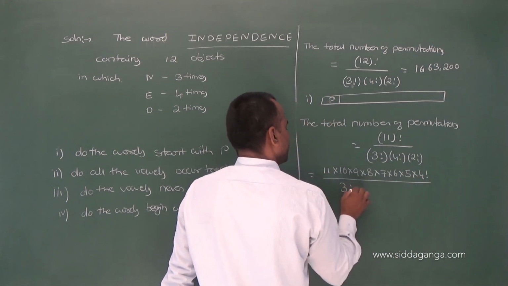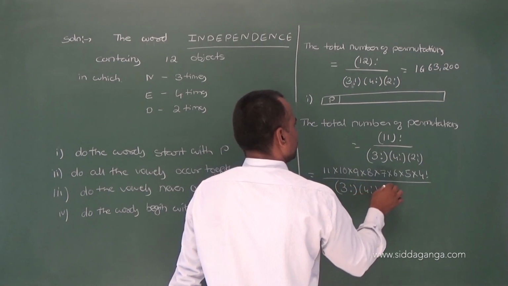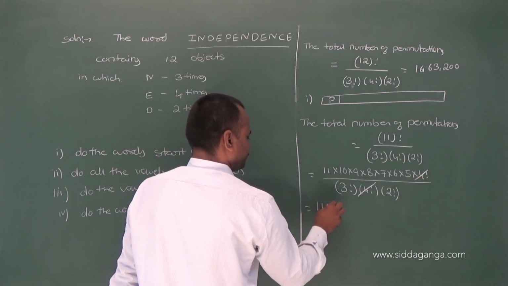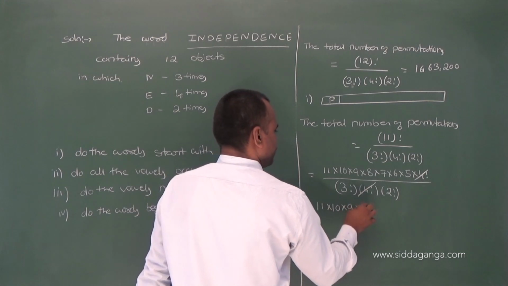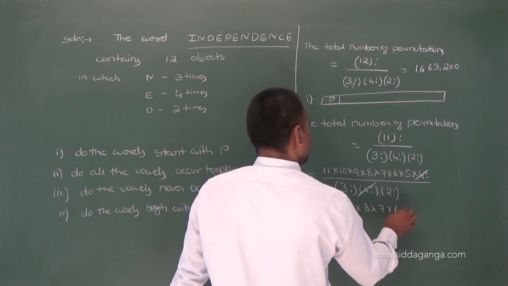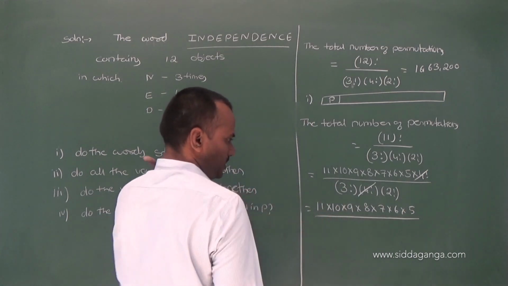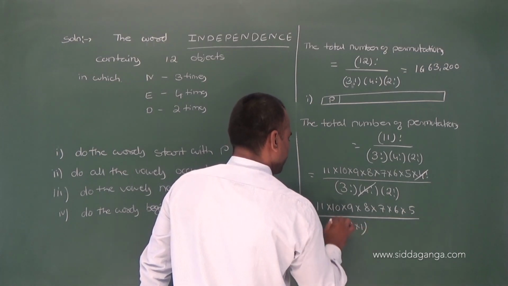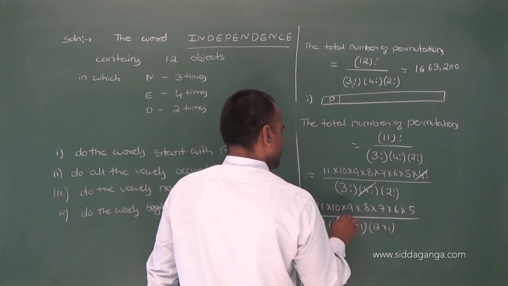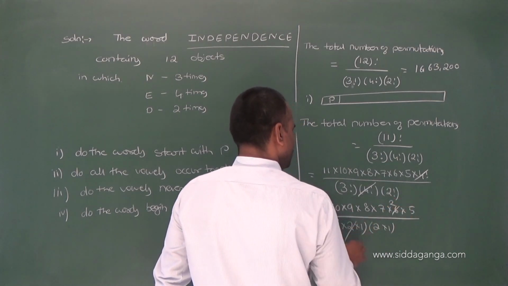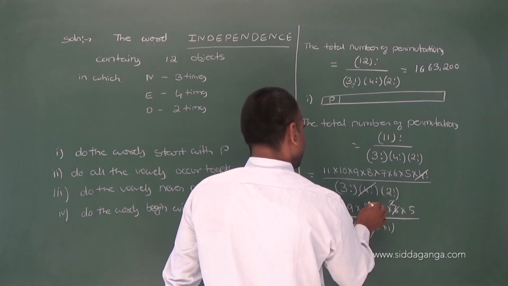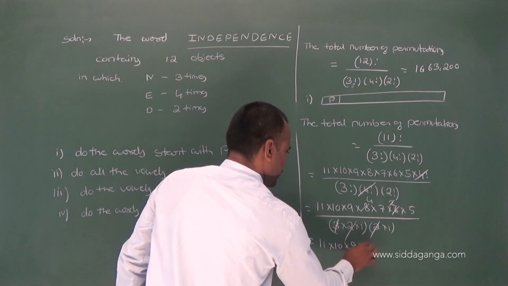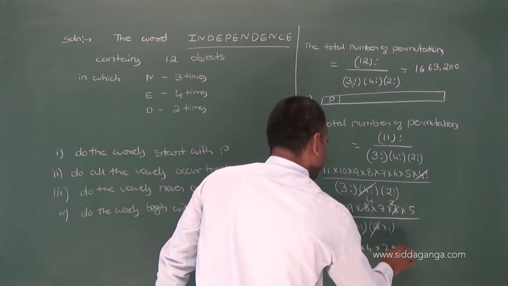11, 10, 9, 8, 7, 6, 5, 4 factorial divided by 3 factorial, 4 factorial, 2 factorial. The 4 factorials get cancelled. 3 ones are 3, twos are 2, the 2 gets cancelled. 2 ones are 2, fours are 4. We get 11, 10, 9, 4, 7, 5.